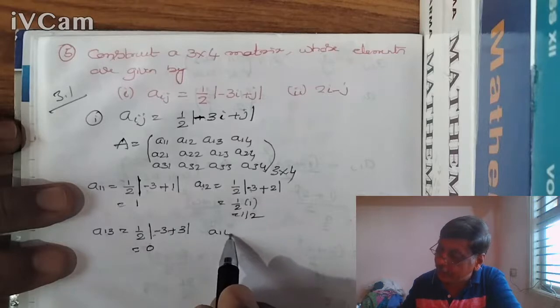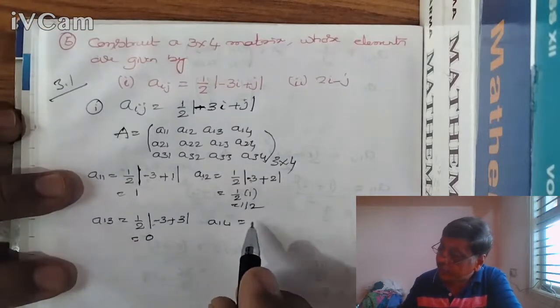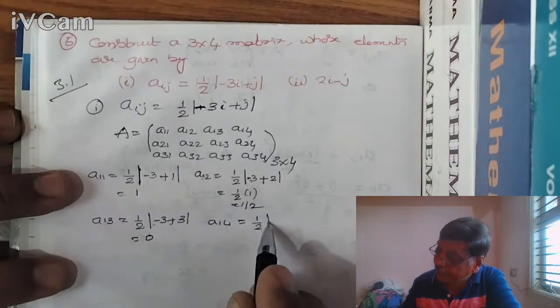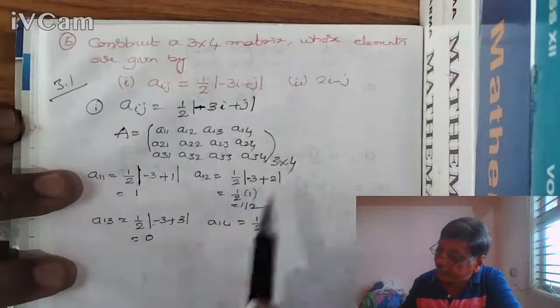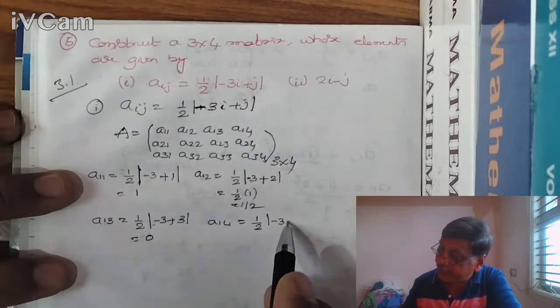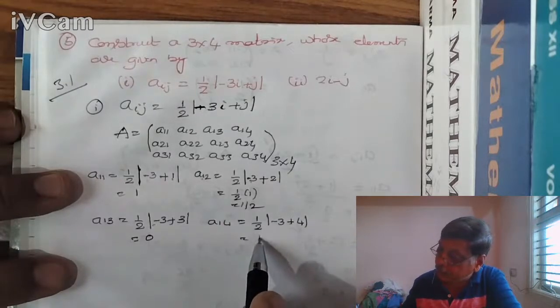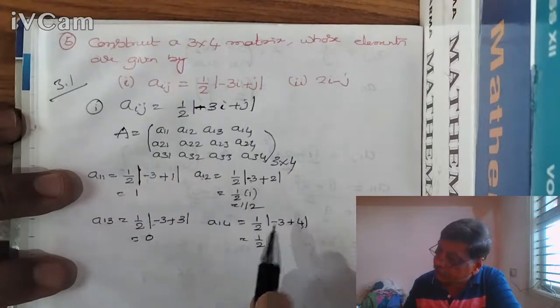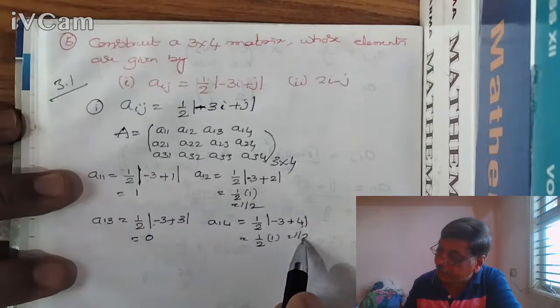Next, A14 is equal to 1 by 2 into modulus of 1 into minus 3, which is minus 3, plus j is 4. That is equal to 1 by 2 into modulus of minus 3 plus 4, which is 1. That is equal to 1 by 2.